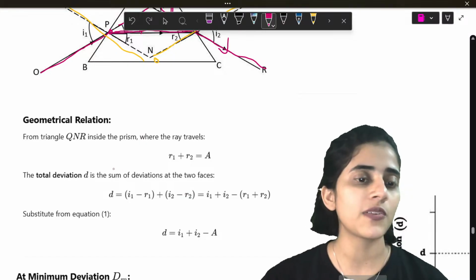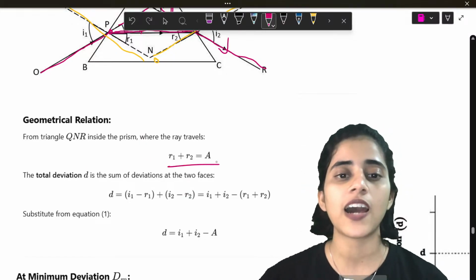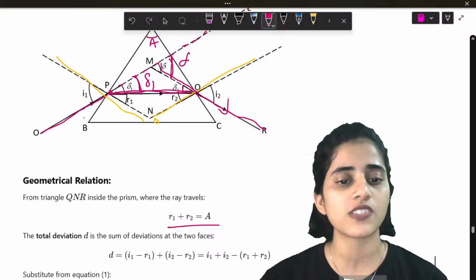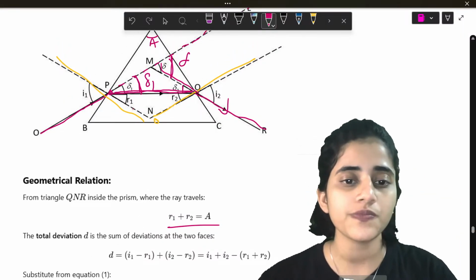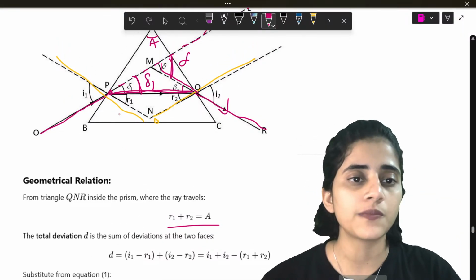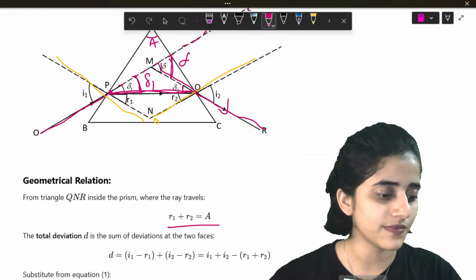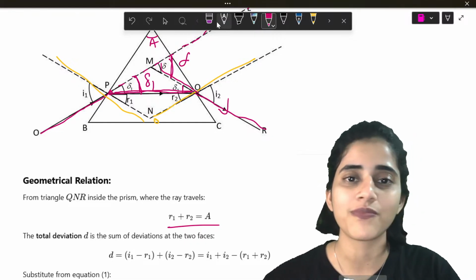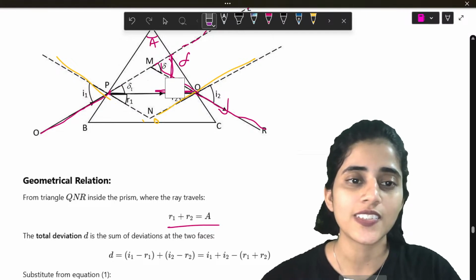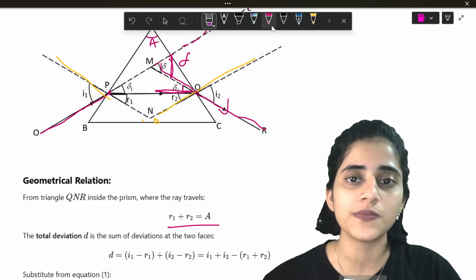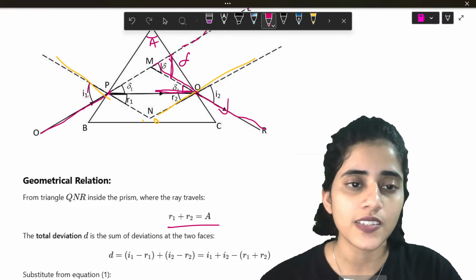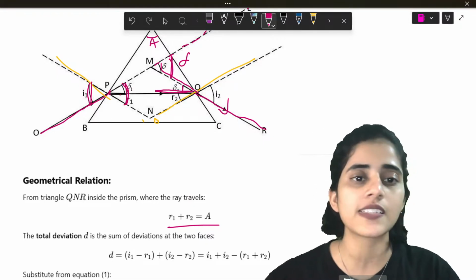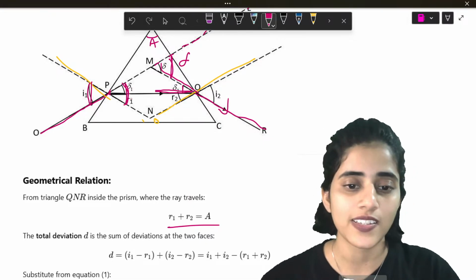So now, what is the equation for the prism? r1 plus r2 is A. And then what is deviation? This is just from the triangles. See, if you look at this one, this is i1, and this is delta 1 minus r1.